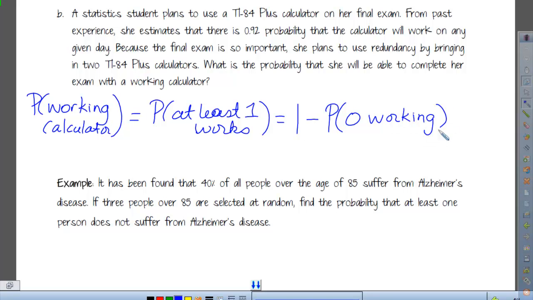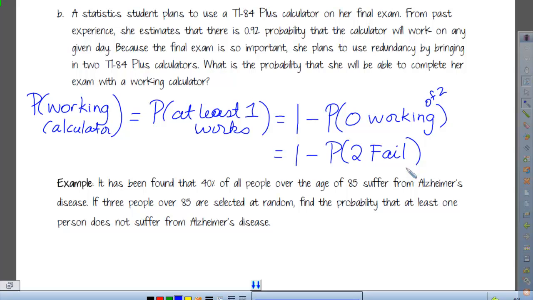And again, I think it's a good idea to remind yourself of how many? 2 calculators. And so if 0 of them work, that means what? They both fail. Probability of 2 that fail. If 0 of the 2 work, then they both must fail.